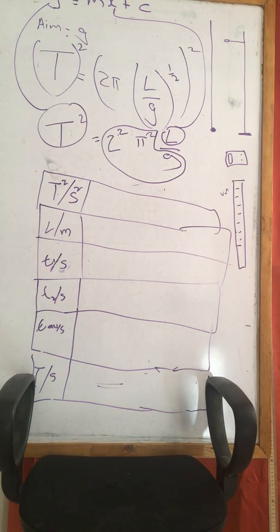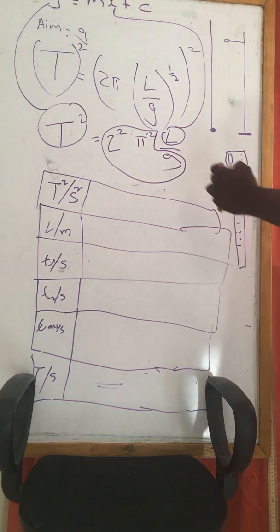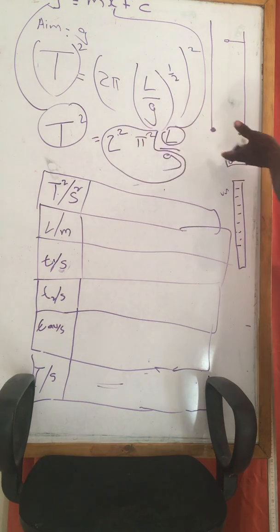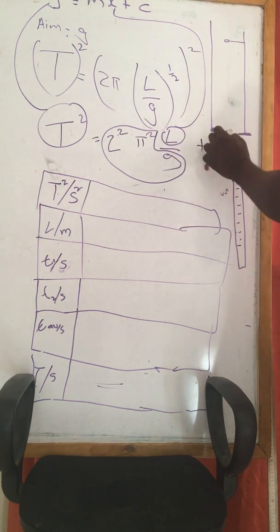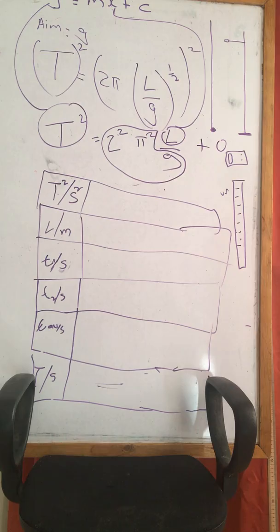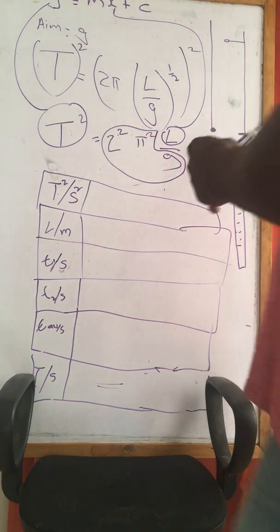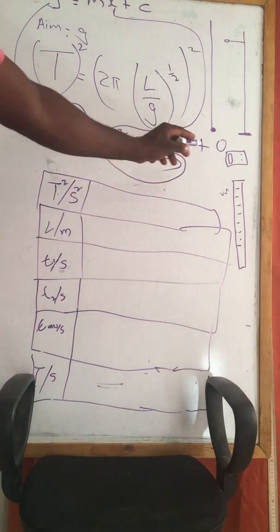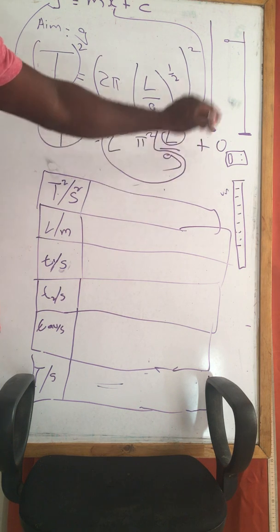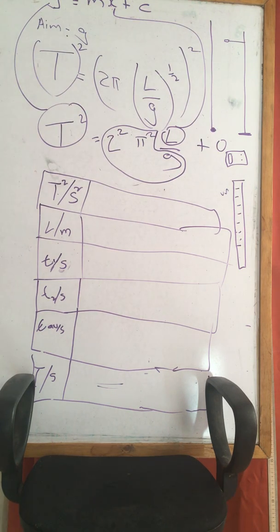Then my question to you, what would be C? Nothing, right? We don't have anything for it right here, so plus 0. So ideally when you plot your graph, the line should flow right through the origin.